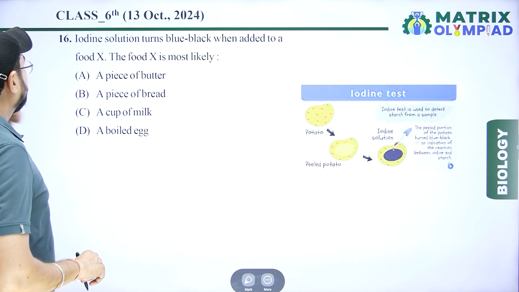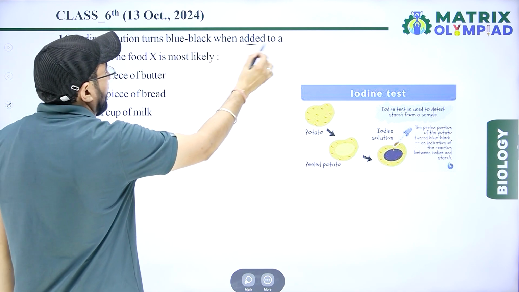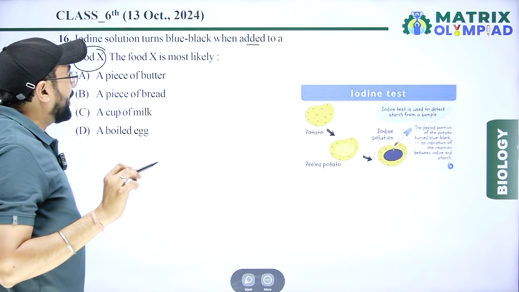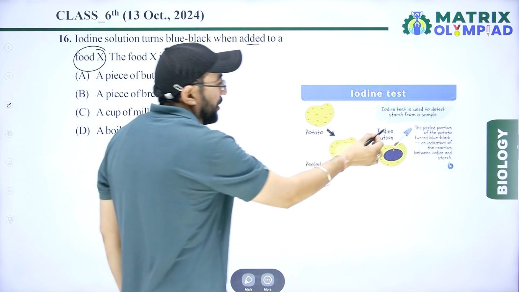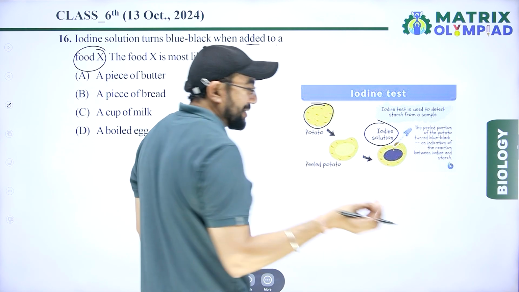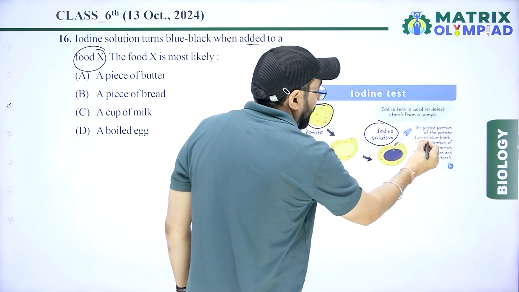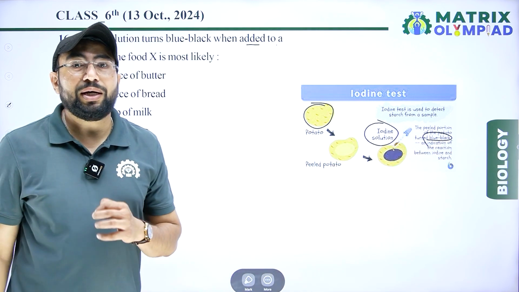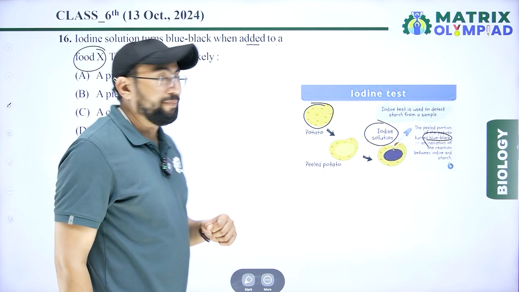Next question is, iodine solution turns blue-black when added to food X. The food X is most likely... when iodine solution is added to potato extract or potato juice, it shows a blue-black color, because the presence of starch gives a blue-black color.